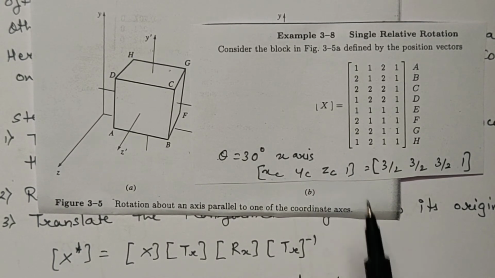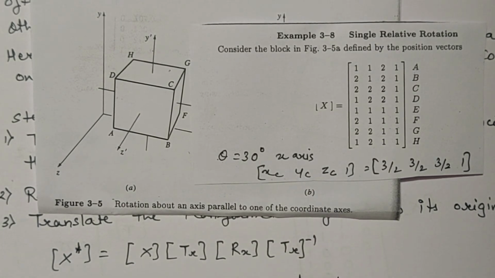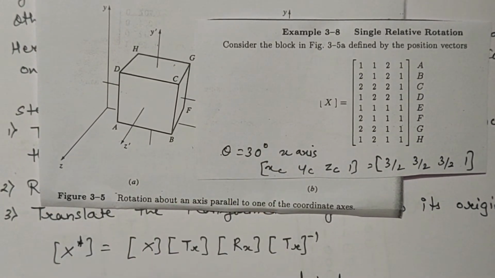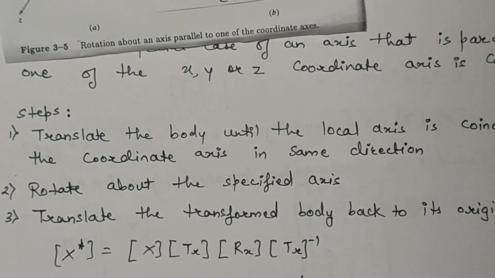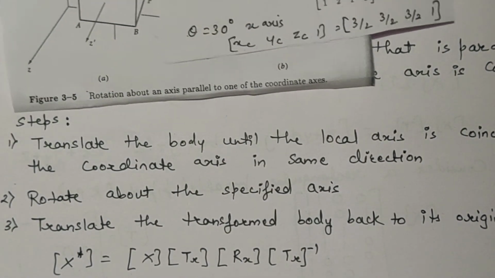The translation matrix translates the object to the origin. That means we will be considering the minus values because we don't know where the object could be. So we translate the object until the local axis is coincident with the coordinate axis in the same direction.